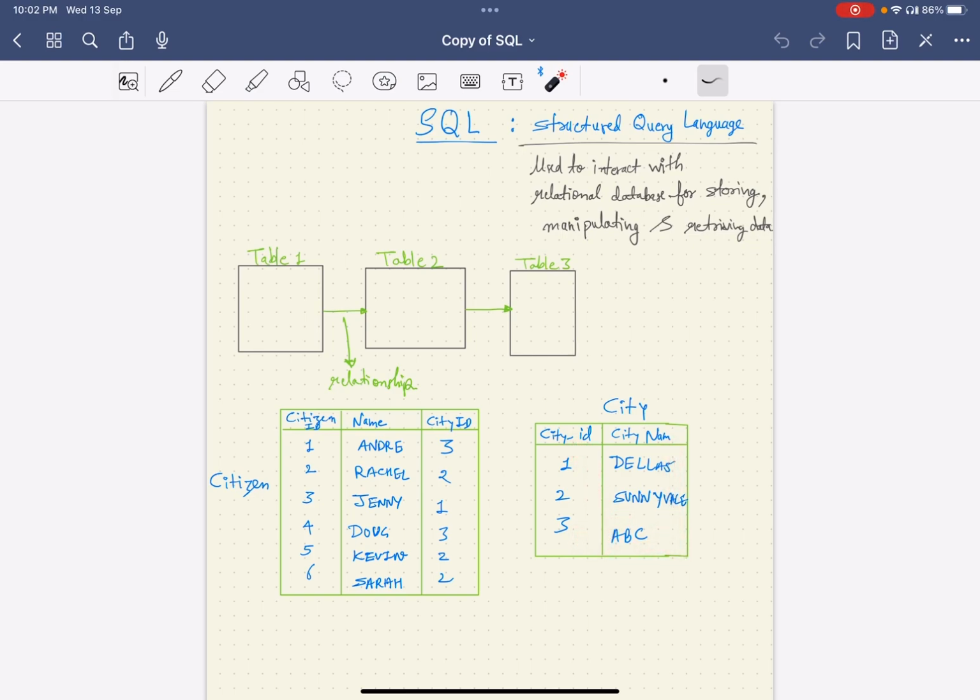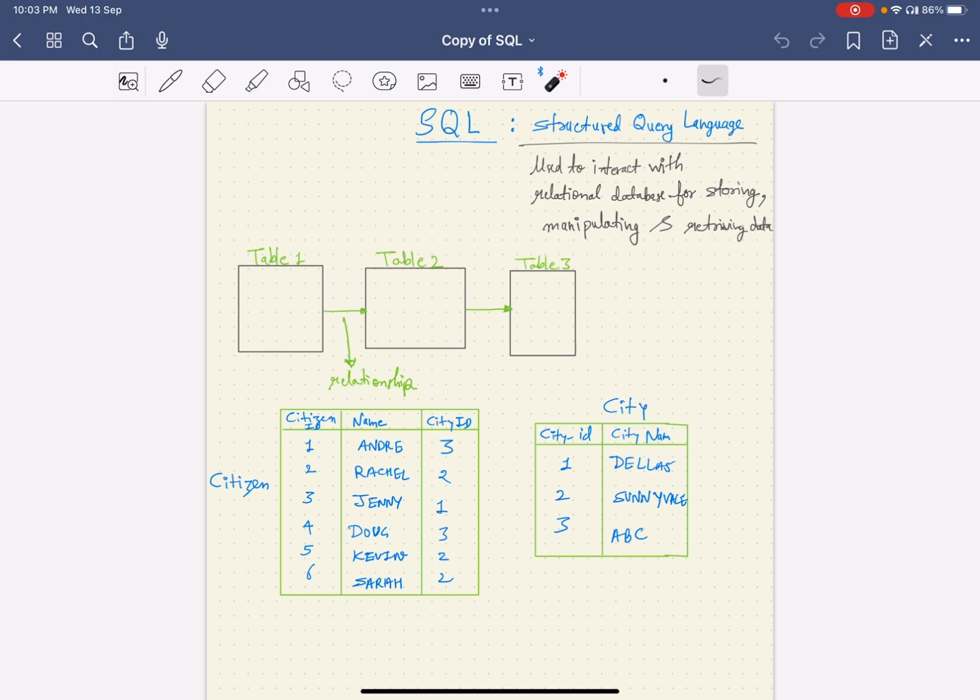The common entity between these two tables is the city ID, and on the basis of this we create a relationship. So this is the relational database we have. SQL is used to interact with relational databases for storing, manipulating and retrieving data.